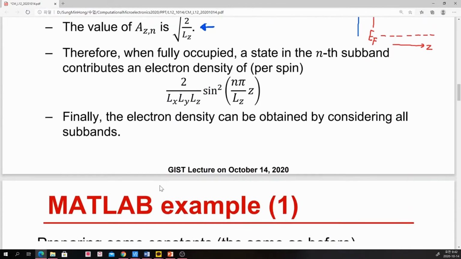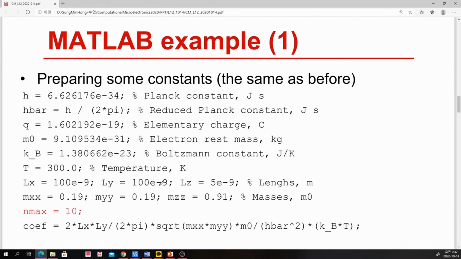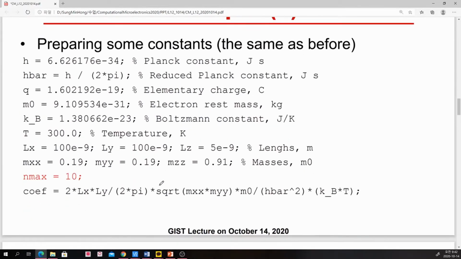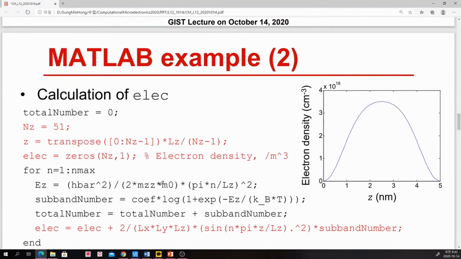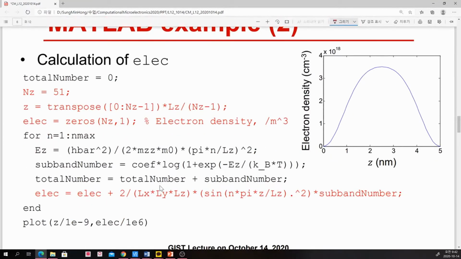So a MATLAB example is provided, so you can follow it. This page is just preparing some constants, and this is the actual calculation. Since we have multiple eigenvalues or eigenfunctions, we have to use a loop.